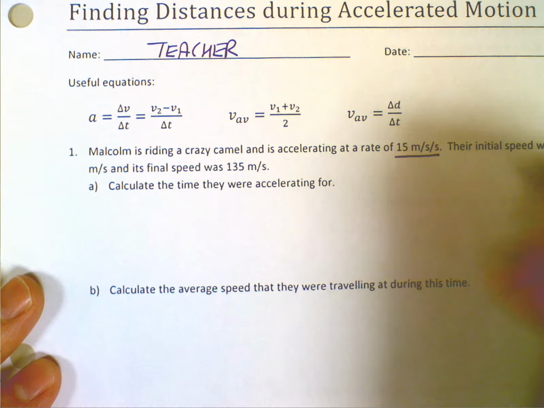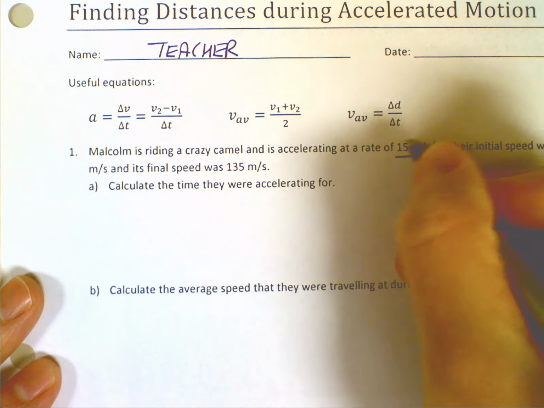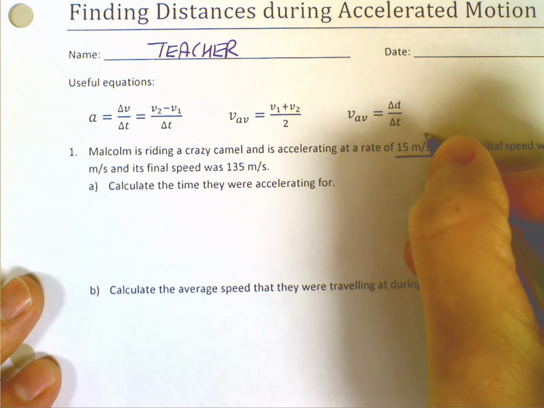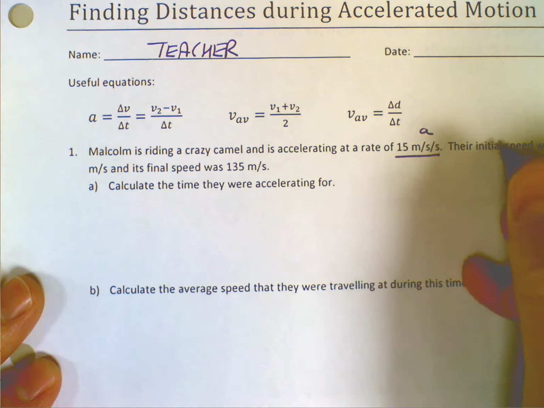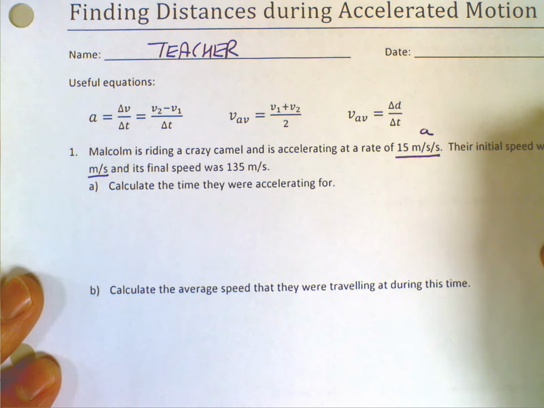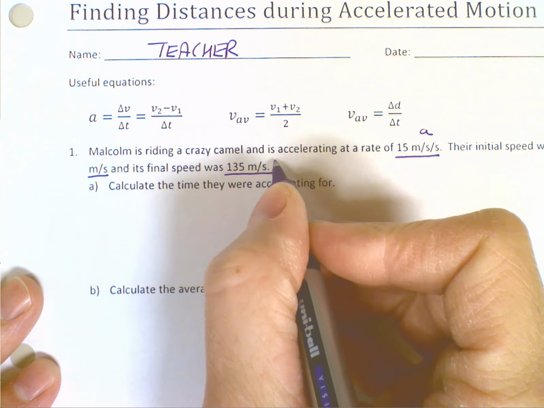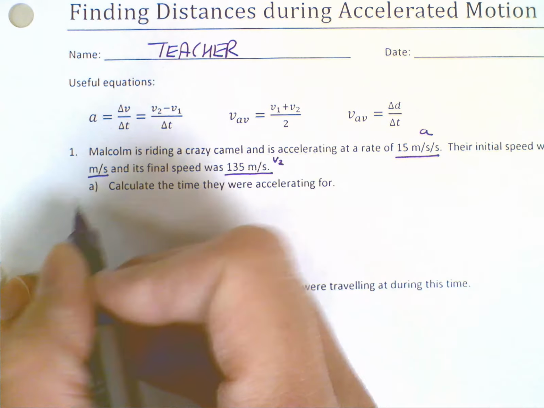So it says Malcolm is riding a crazy camel and is accelerating at 15 meters per second per second. So there's one piece of information. Since it's a change in speed over time, that's an acceleration. Their initial speed was 10 meters per second. Well, we know that's a v1. And its final speed was 135. So that's our v2.